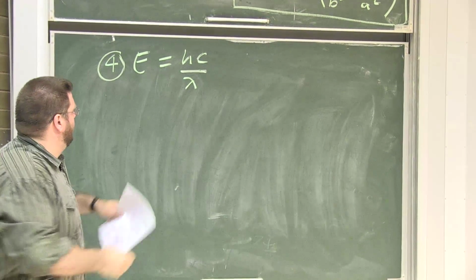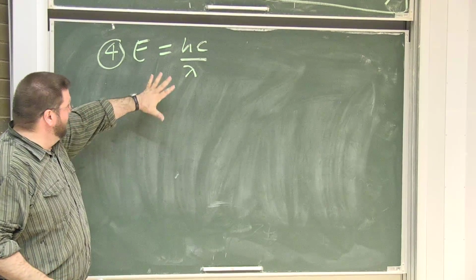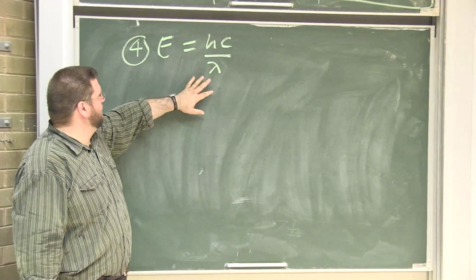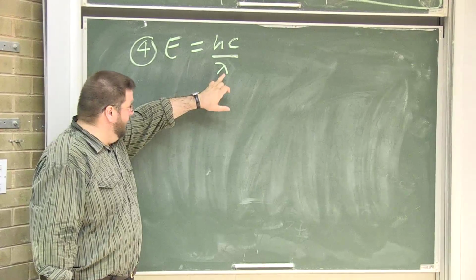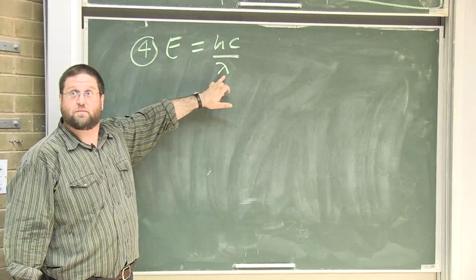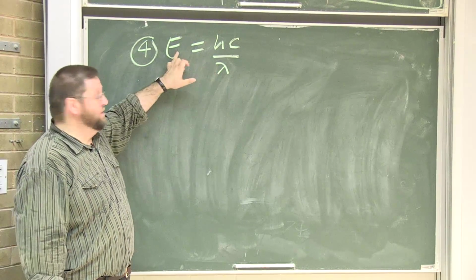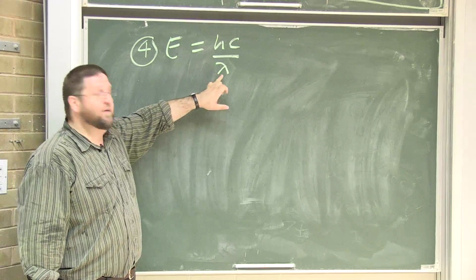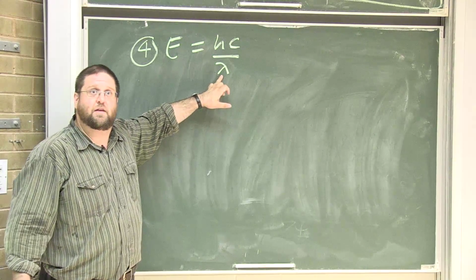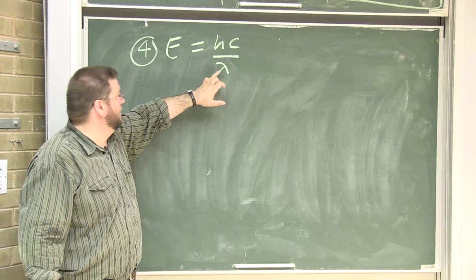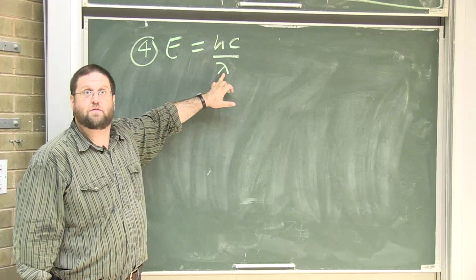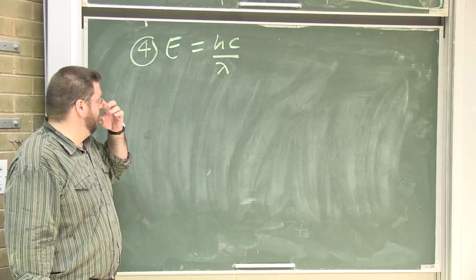By the way, this is not just a bunch of Greek and Roman symbols. It has physical meaning. As the wavelength gets smaller, the energy gets bigger. The energy of an X-ray photon is higher than the energy of an infrared photon because the wavelength is smaller for the X-ray photon.